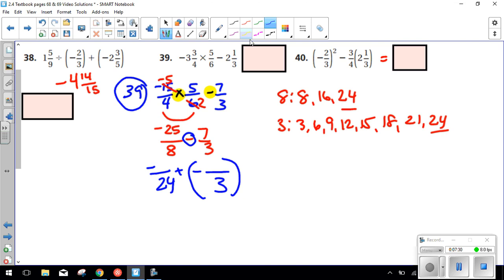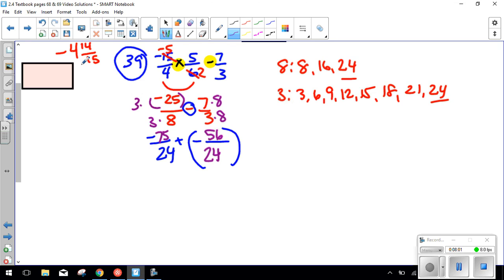So let's use a different color. 8 times 3 gives me 24, so 25, -25 times 3 gives me 75. I made a mistake here. This should be 24. Sorry about that. So 3 times 8 is 24, so 7 times 8 is 56. Okay?